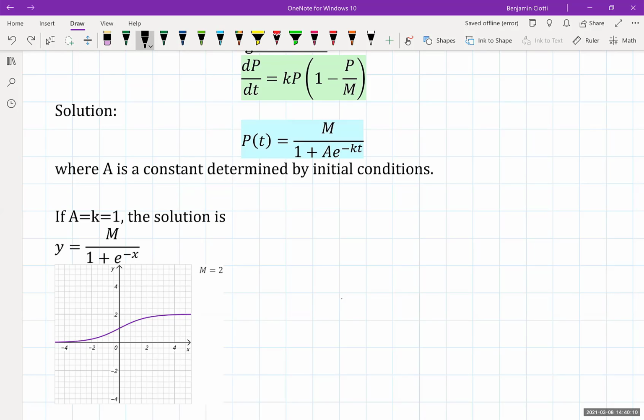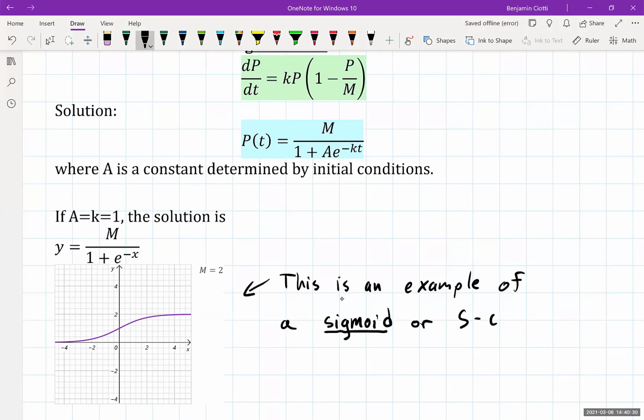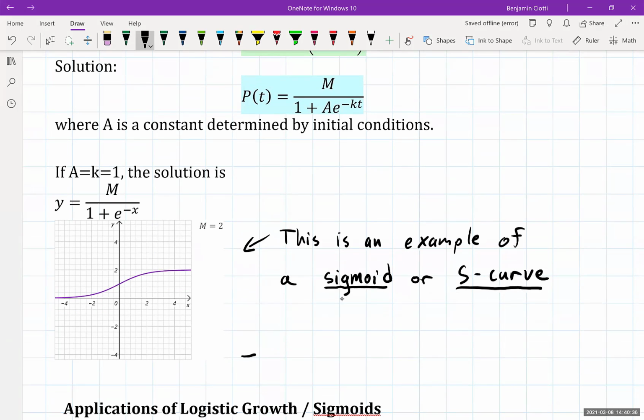It's an example of a class of shapes that are called sigmoids, and it's also called an S-curve. You can see how it gets the name S-curve, right? It kind of looks like an S, a little bit.